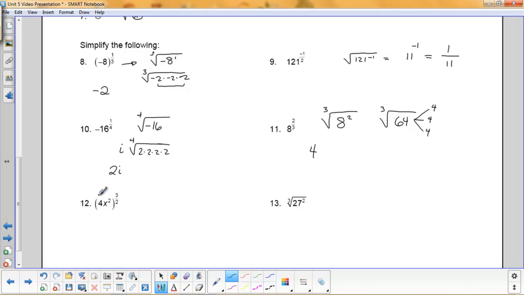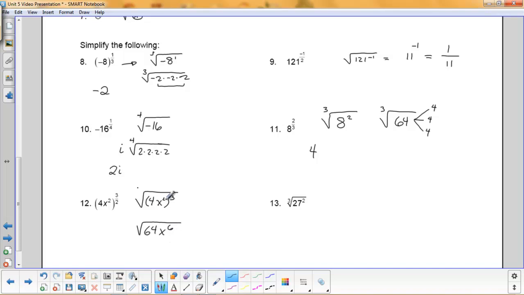All right, moving here, we're going to take a look at this in terms of a large radical, where it's the square root of 4x to the third power. Well, from that, it's 64, so it's going to be the square root of 64x to the 6th.